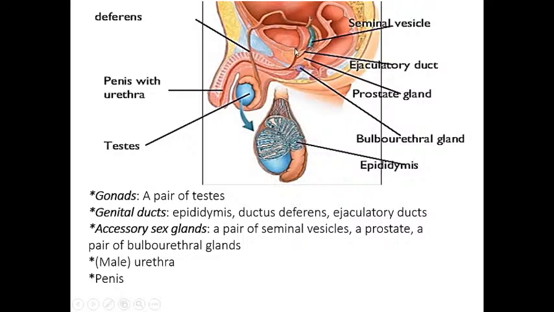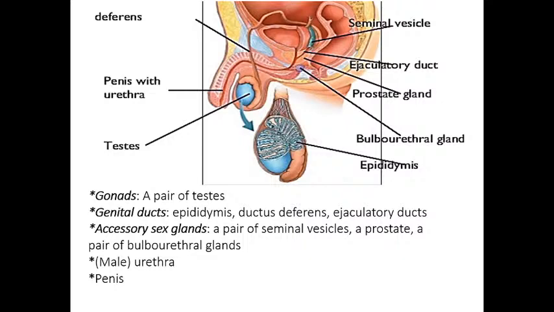Inside the prostate gland, the urinary tract is already being conducted via the most proximal part of the male urethra. So from this point onwards, the male urethra becomes a common pathway for urine and for the spermatozoa, which will be ejaculated only at the time of sexual intercourse. So this prostate gland becomes an important organ because it also secretes substances which are useful for the motility of this spermatozoa.